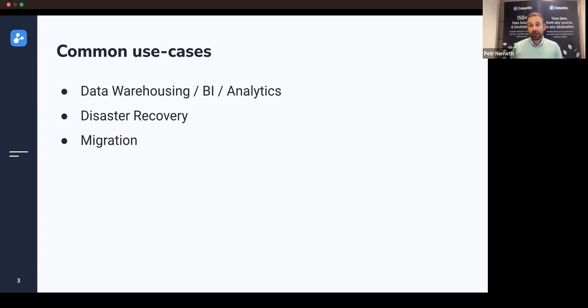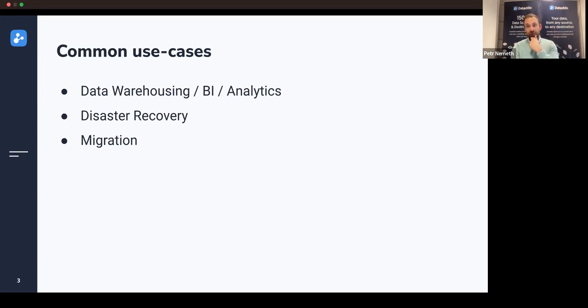Of course, depending on the volume, the complexity, and your data structure, these workloads represent quite a significant technology challenge, especially when you need the data in real time or near real time.